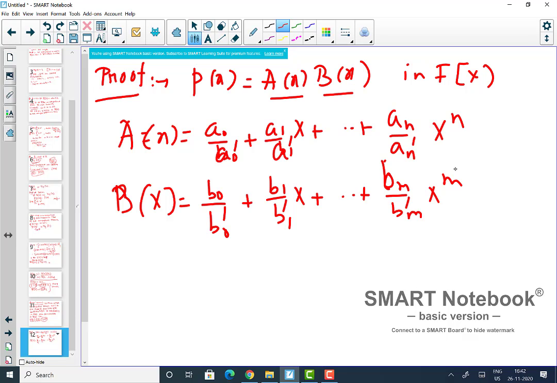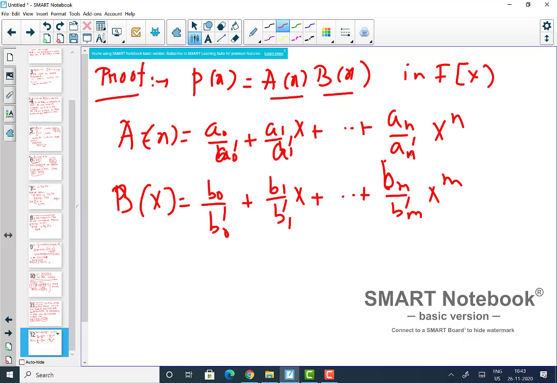Now, once you have this kind of expression, you can multiply by the common denominator. If you multiply by a0 dash a1 dash up to an dash, it becomes an element of R[x]. Similarly for the other.